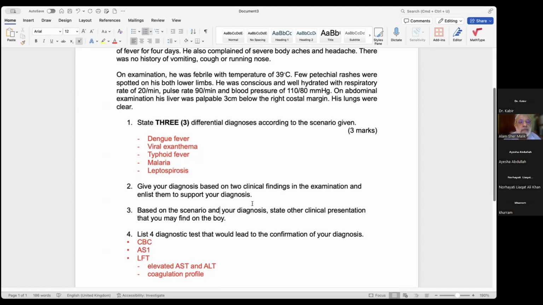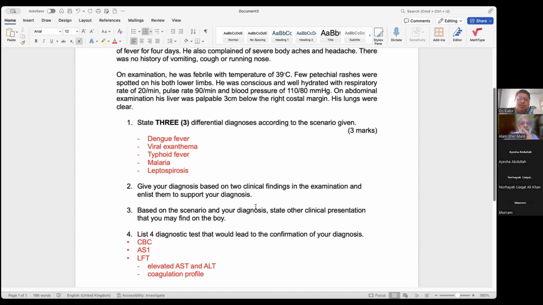Now, the state 3 differential diagnosis. Yes, Dr. Kabir. Okay, sir. Among these 4 questions, 3 questions belong to diagnosis. To me, students will be confused. One is differential diagnosis. Then give your diagnosis based on 2 clinical findings.